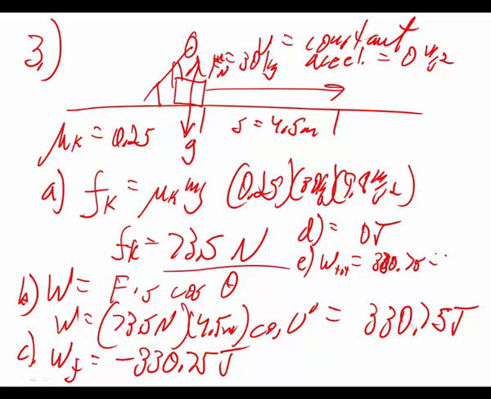Yeah, the work done by friction, minus 330.75, work total is 0 joules. And really the best way to describe that would be net work.